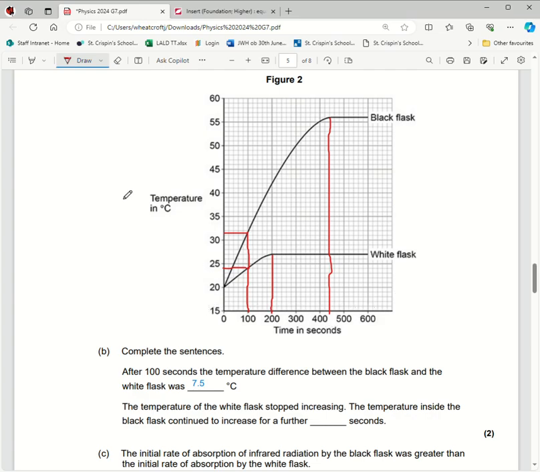Now our axes scale on the left-hand axis, the y-axis, was nice and simple: a square was 1 degree Celsius. Here on the x-axis, it's a bit more complex. We've got 5 squares between 400 and 500, therefore it's 2 squares, so that's 440, because each square is worth 20. So if it's 200 and 440, the difference is 240.